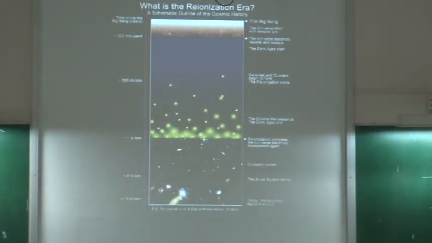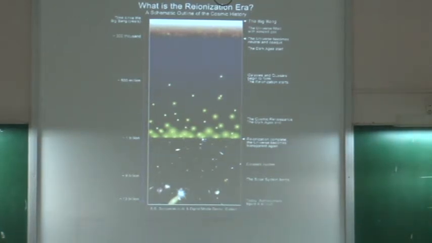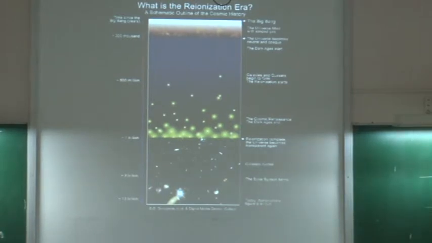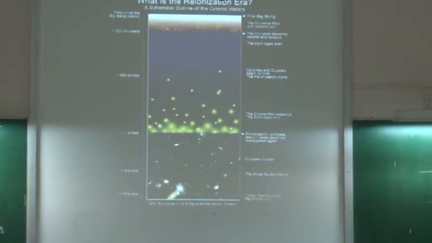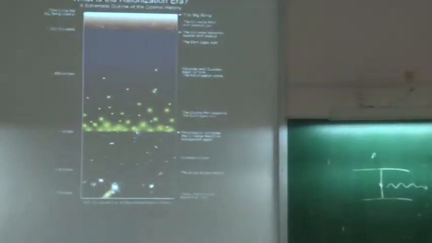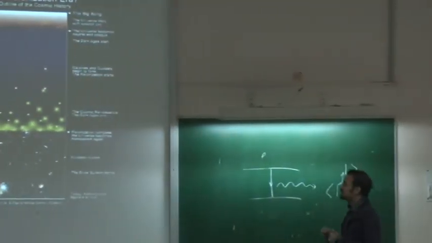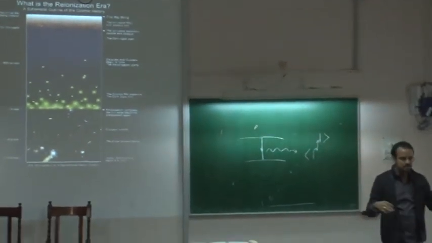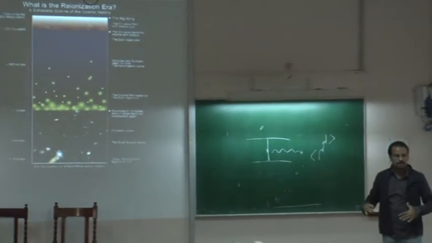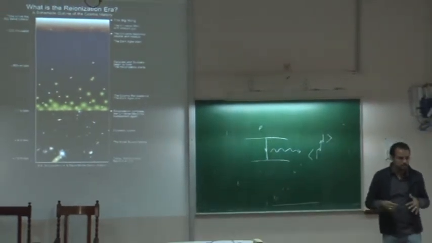Of course, you know CMBR has slight anisotropies. CMBR is largely homogeneous, but there are small anisotropies, which means small inhomogeneities in the CMBR field itself. That amounts to saying that the density field had small fluctuations at the CMBR epoch, and they grow as the universe is further cooling down.